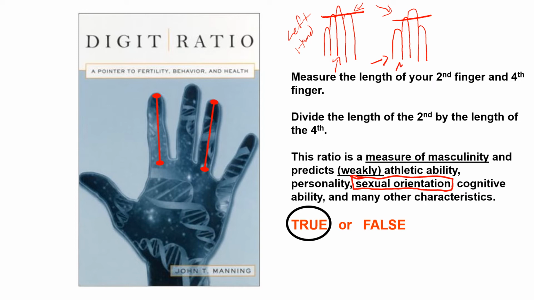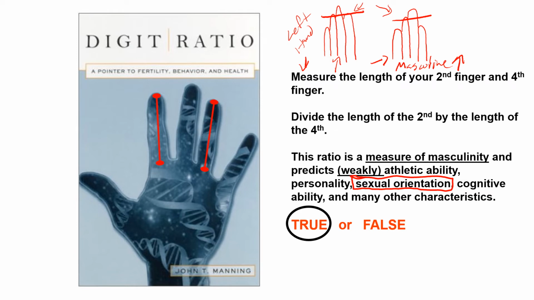This is more masculine. So it's a measure of masculinity. This is more masculine. This over here is less masculine. So the one on the right is more masculine. The one on the left is less masculine.